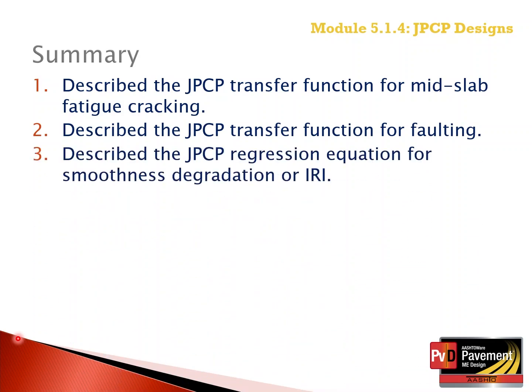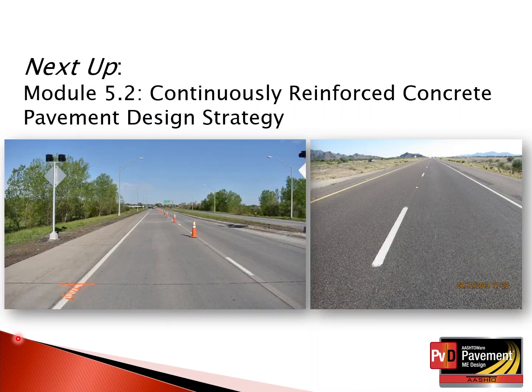And then, third and finally, we described the JPCP regression equation for smoothness degradation, or IRI. This concludes Module 5.1 on jointed plain concrete pavement design strategies and transfer functions, and interpreting and revising design strategies for jointed plain concrete pavements. The next module of the training course, sequencing, is Module 5.2 on CRCP design strategies and transfer functions.